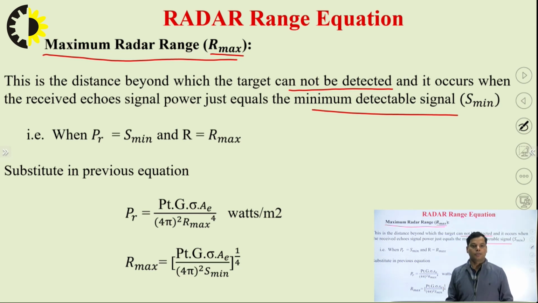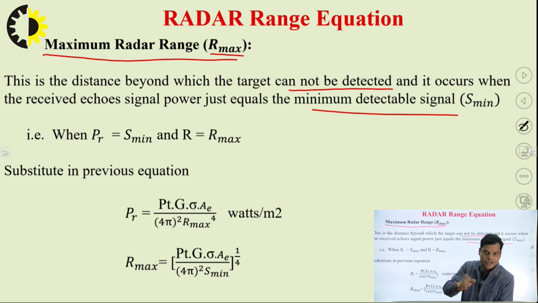Now, another important thing that comes here for the maximum radar range equation: the minimum power that can be detected at a maximum distance. It is the minimum power at the receiver station that the receiver antenna is capable of detecting and responding to, named the minimum detectable signal.